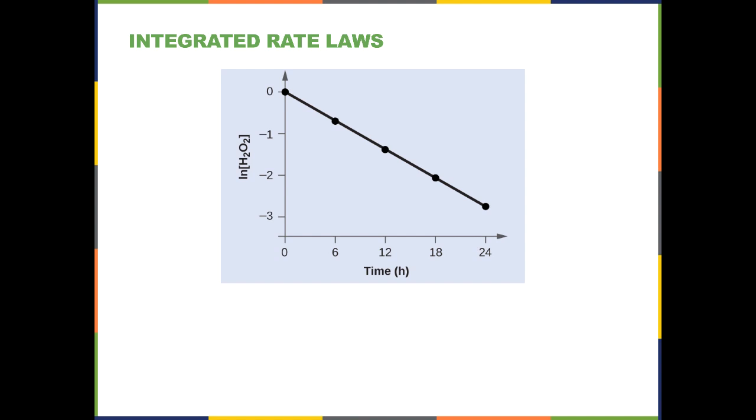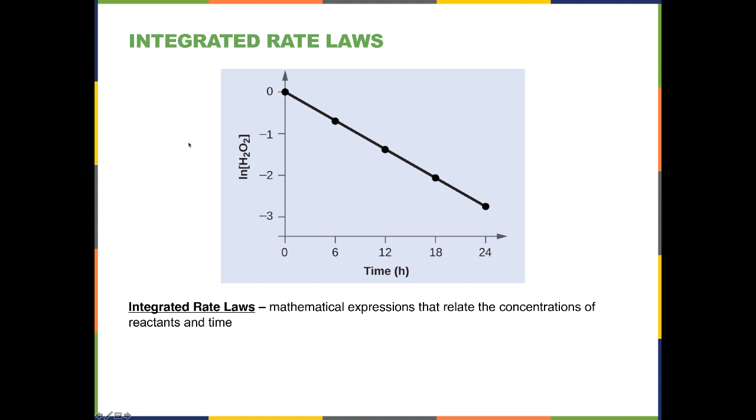In a first order reaction, or one that proceeds at a first order rate, if you plot the natural log of the concentration of the reactants over time, you'll get a straight line that looks something like this. We iterate that mathematically to relate these concentrations to time.